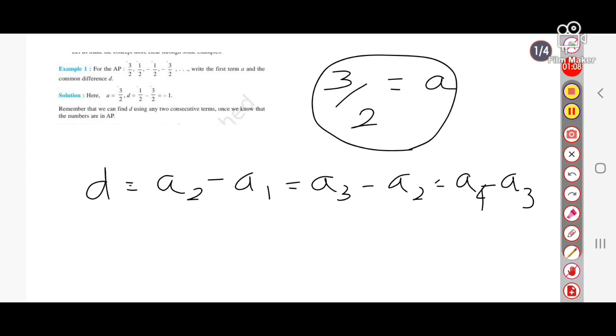So 1 by 2 minus 3 by 2 will be the common difference, that is equal to minus 1. We found A equal to 3 by 2, the first term, and the common difference is minus 1, by subtracting the first term from the second term. So this is example 1 in the textbook.